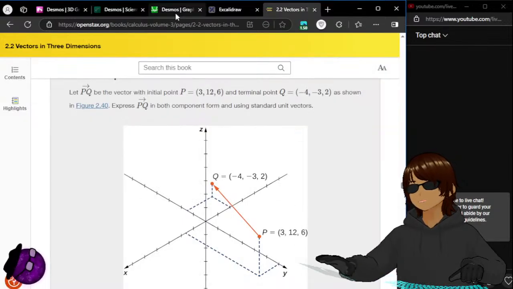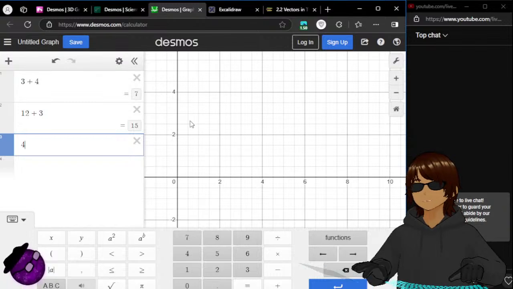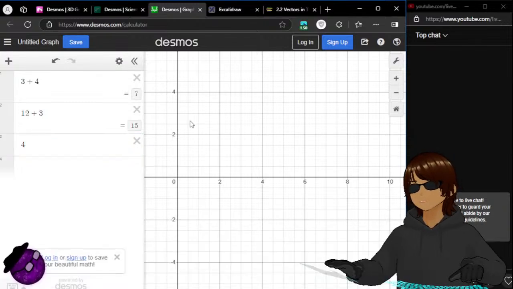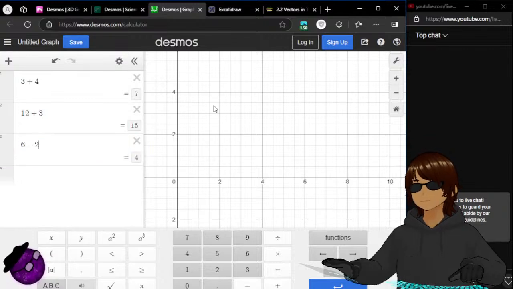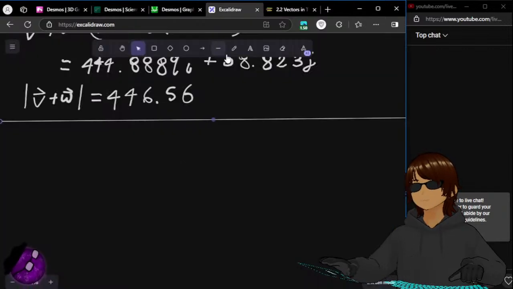Then 6 minus 2 is 4. So 7, 15, 4. I think that's the component form.